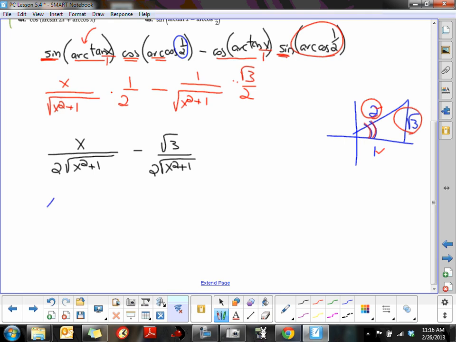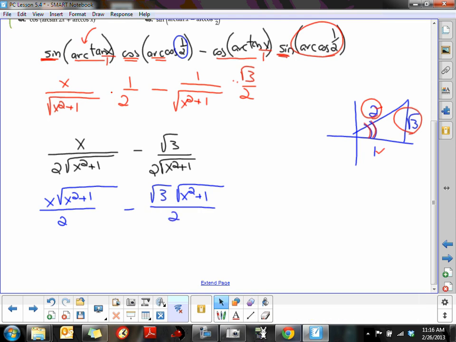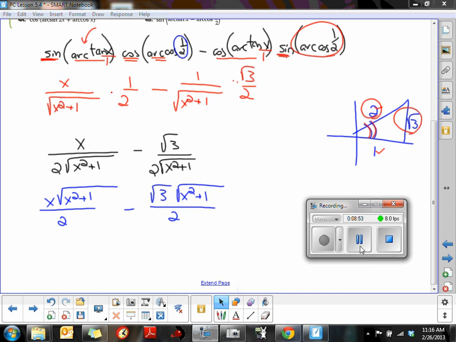So it's going to be x times the square root of x squared plus 1 all over 2 minus the square root of 3 times the square root of x squared plus 1 all over 2. And I'm not going to take the time of writing it over a common denominator, but we could also do that. So I'm going to pause here for a second and see if I got everything the way I like.